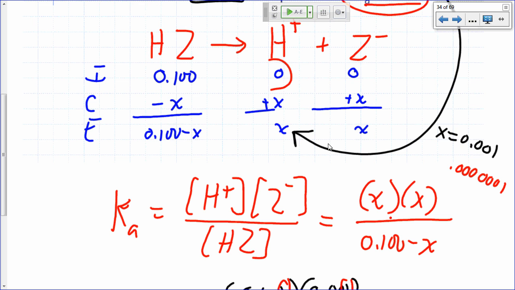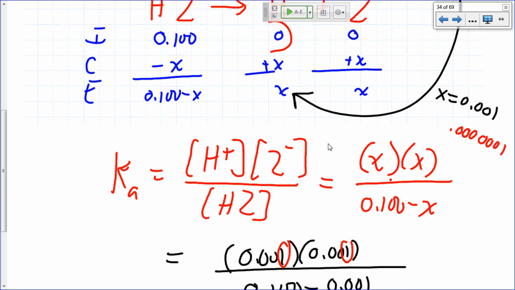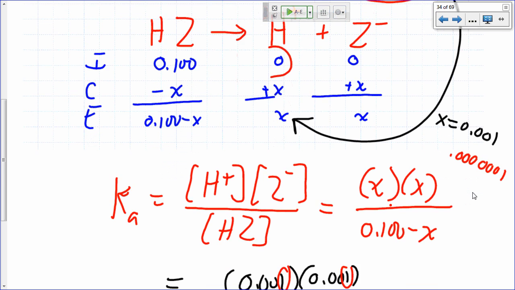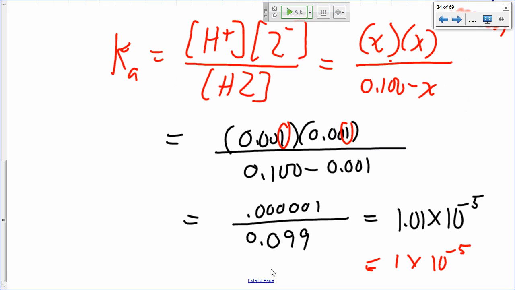Now sometimes you might not be able to ignore it, so you have to be alert to that possibility. But most of the time, at this level, we don't ask you questions like that. But one thing you'll realize is that the fact that this produces 0.001 H plus diminishes the H plus from water itself. Because how much H plus can water give you now?